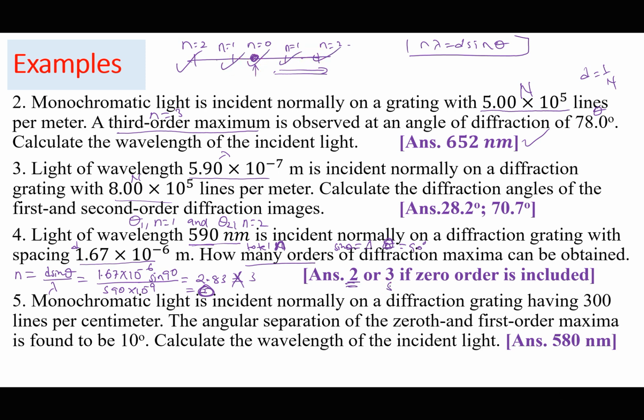So it could be 5, if all orders are considered, including the 0 order, the first order on the left and right, the second order on the left and right. So it could be 2, depending on the examiner's question. It could be 3 if the central order is considered. It could be 5 if all the orders are considered. In many cases, it is always 2 plus 2 plus 1, or twice n plus 1. If n is 2, it is 2n plus 1 for the total.